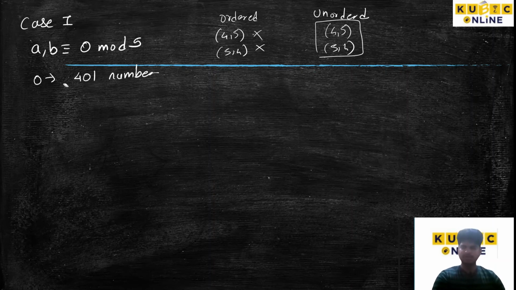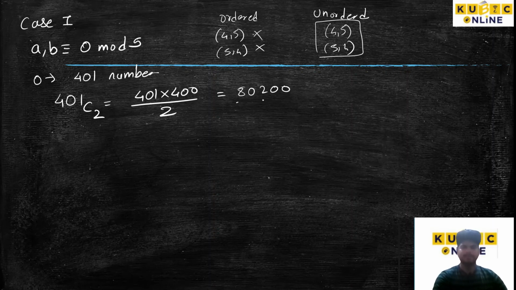So here also we will be choosing just two numbers. So what is it? 401 choose 2. Now what is 401 choose 2? 401 into 400 upon 2, that will be 80200.